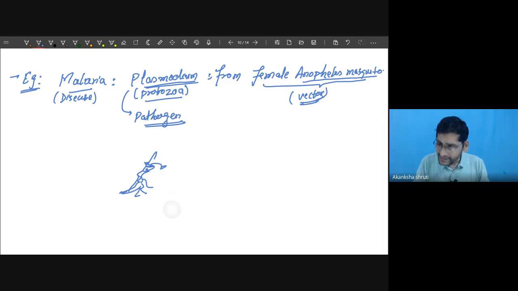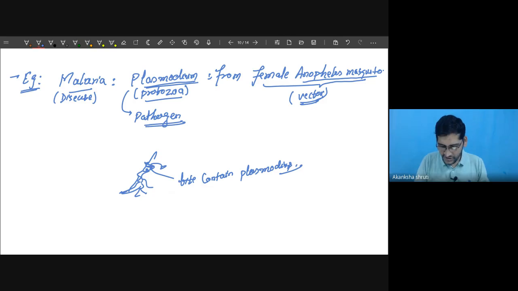But in the bite of this mosquito, means in the larva of this mosquito, its bite contains plasmodium. Get it?